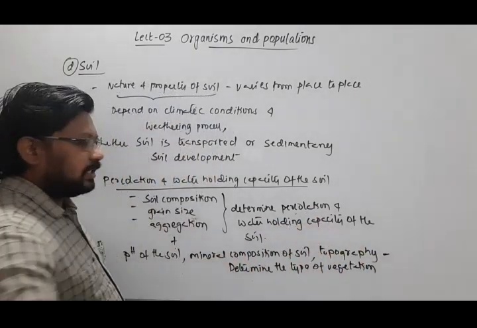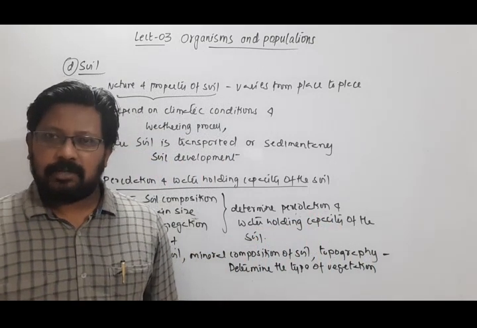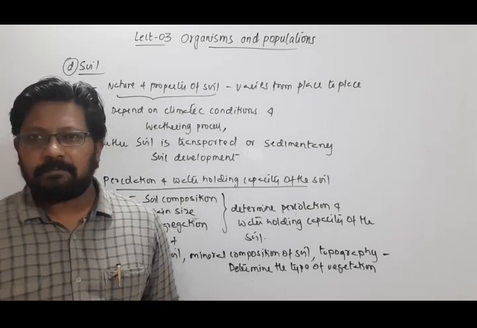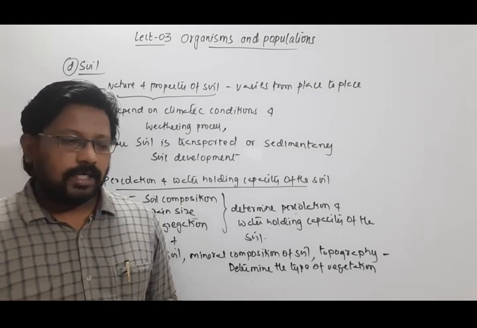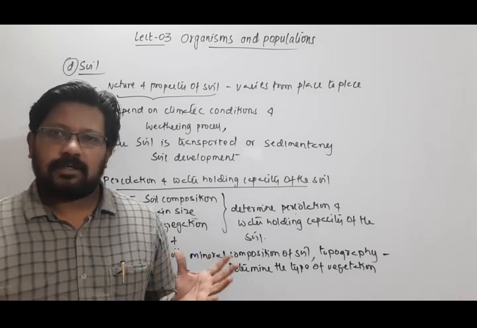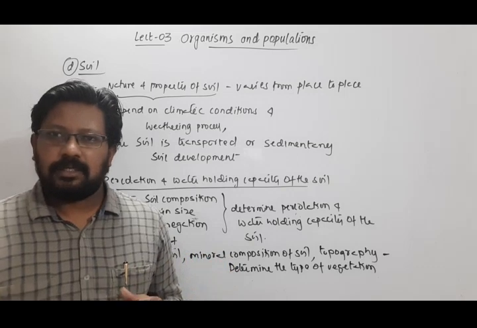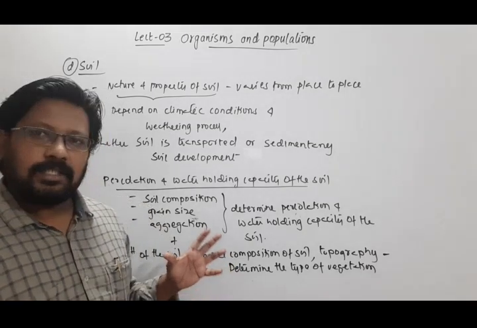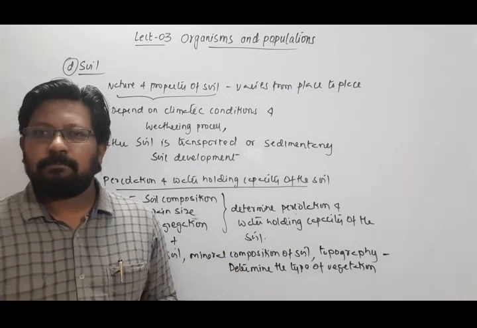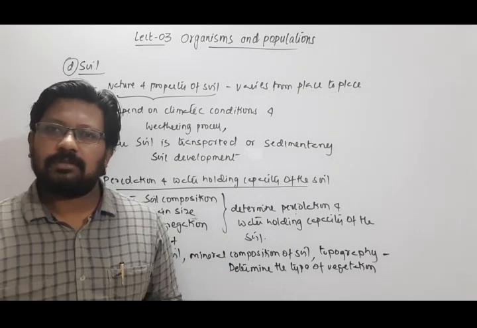Suppose if there is a large amount of water, then the plants that are able to live in aquatic conditions will colonize that area. And if water availability is medium, not a pond, and not completely dry conditions, in that case you will find vegetation adapted to live in mesophytic conditions, meaning not too watery and not too dry.